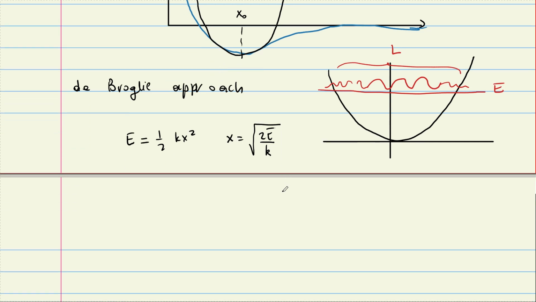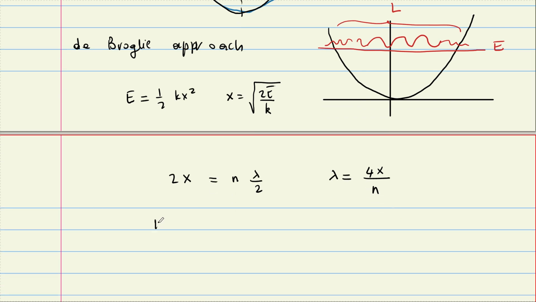According to de Broglie, I take this 2x, which is the size of the box, and I try to fit integer numbers of half wavelengths: half a wavelength, 1 wavelength, 3/2 wavelength, and so on. Then lambda is going to be equal to 4x divided by n.